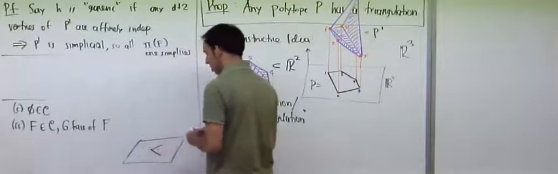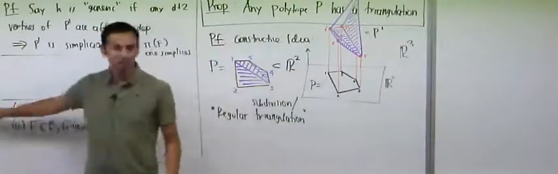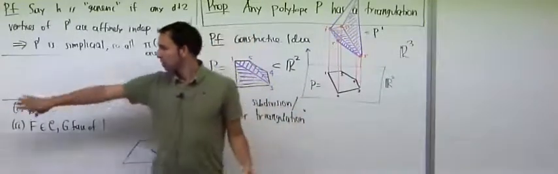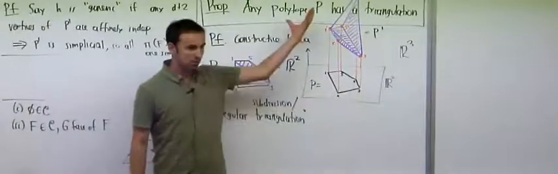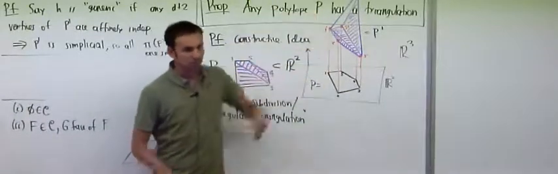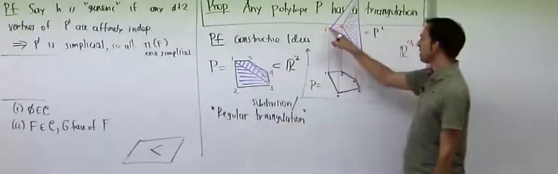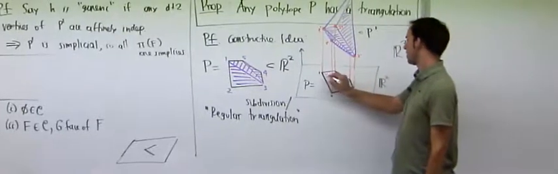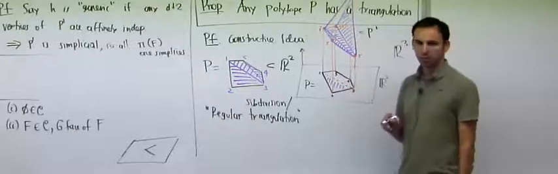By the way, let me make sure that this is clear. What I'm stating here is the following. I'm saying take P, lift it, look at the lower faces, and project them down. And I haven't drawn that in here. But really what I'm saying is that if you look at the face 1 prime, 2 prime, 3 prime, then the projection is going to be the triangle 1, 2, 3.